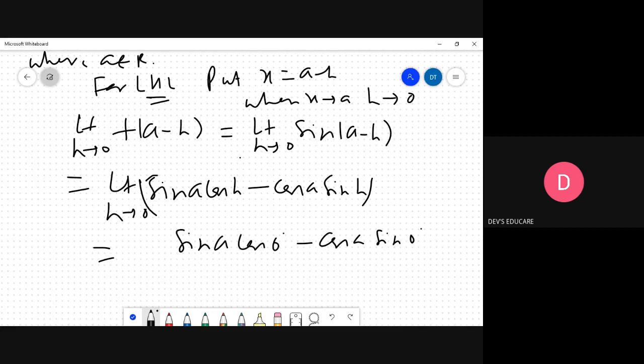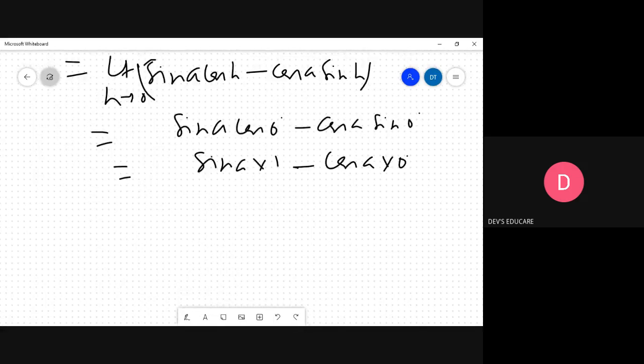So we have sine a into 1 minus cos a into 0. The value of cos 0 degree is 1 and the value of sine 0 is 0. Finally we got sine a, which is a real number, a constant. No need to write that it belongs to the real numbers.